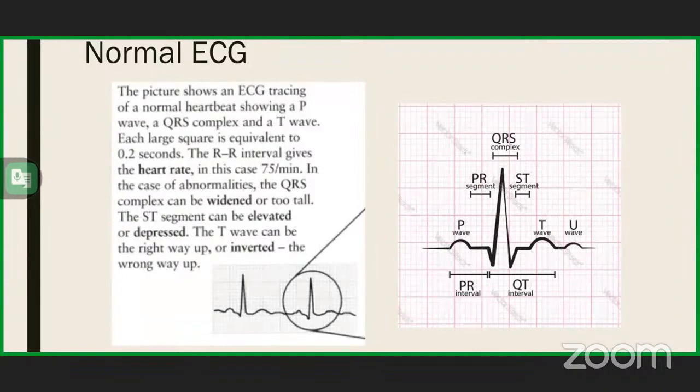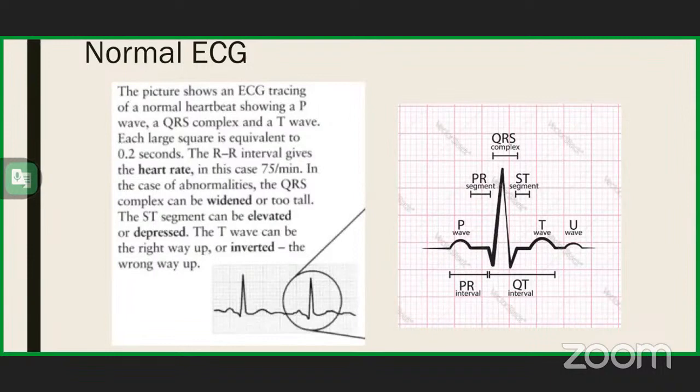In abnormalities, the QRS complex can be widened or too tall, and the ST segment can be elevated or depressed. The T wave can be the right way up or inverted, or the wrong way up, I'm sorry.